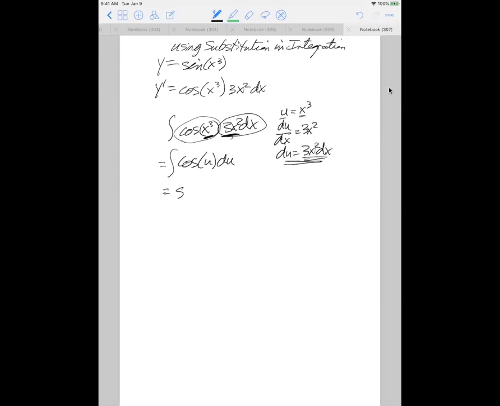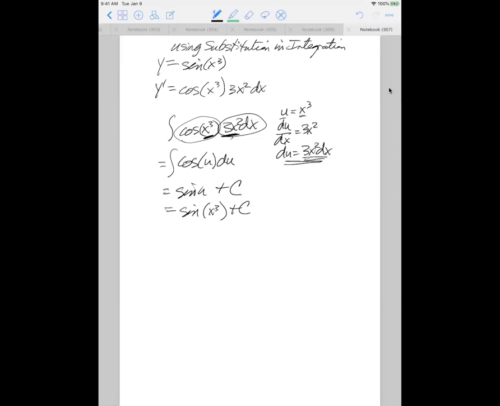Well, that came from sine of u. Now we're introducing the concept that plus c needs to be utilized. But then when we replace the substituted term, we started in x, so it needs to return to x. So don't leave your answer in terms of u. That was just a tool to help get back to the answer in terms of x.